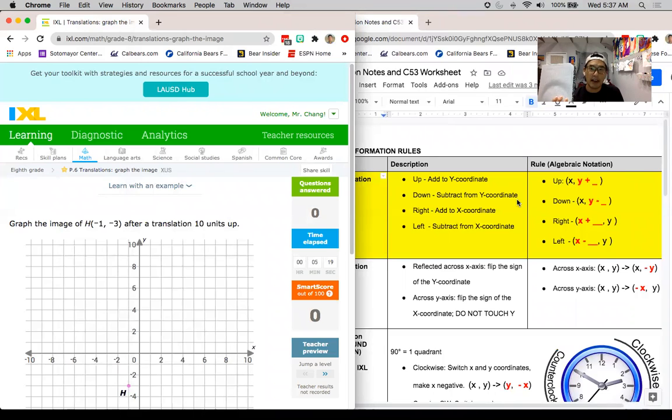And then you can just look down at your notes for reference. The other thing is you definitely need to have your notebook anyways, because for all of your translations, you're going to be doing a little bit of math. And in particular, you're going to be doing integer math, adding and subtracting positive and negative numbers. So this is really a good review for adding and subtracting negative numbers as well.